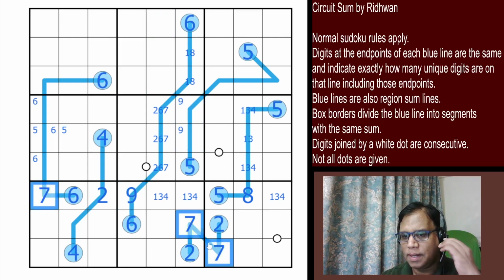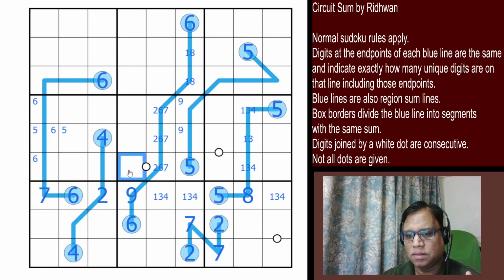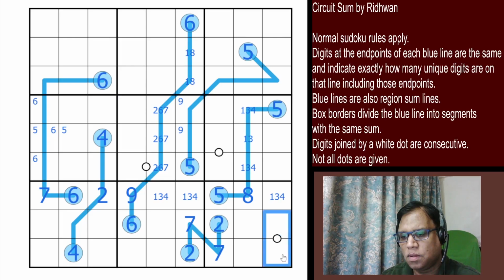We have done with green. 2 6 7. There are a lot of options here till now. Yeah, what next? Oh, this dot is limited now, right? I mean, this must be continuous, right?